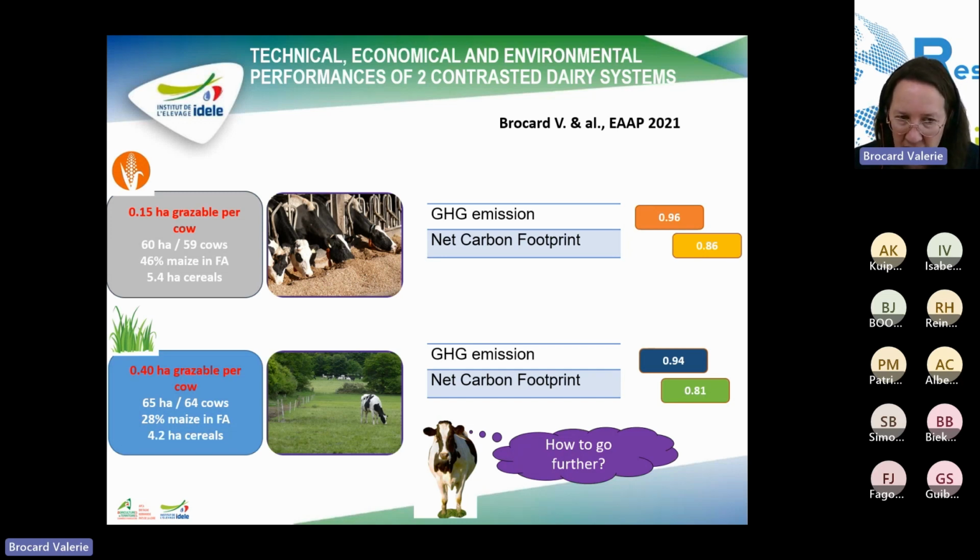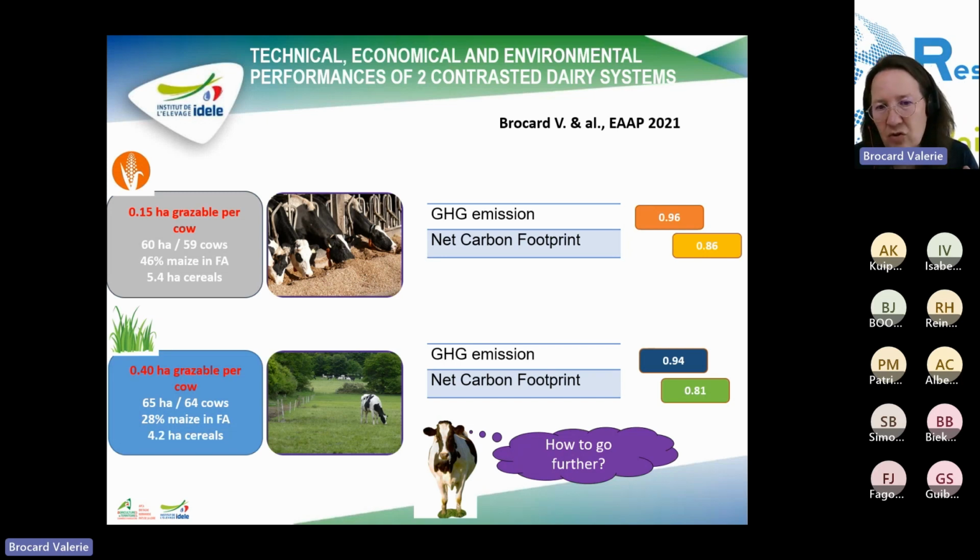And we had one grass-based system with 0.40 hectare of grazable area per cow and 28% of maize silage in the forage area. So during 6 years, we had these two production systems implemented in the same place. And after 6 years, we compared the GHG emissions and the net carbon footprint.